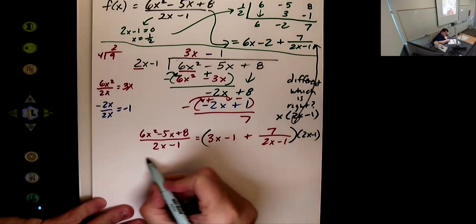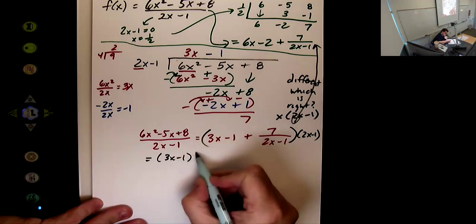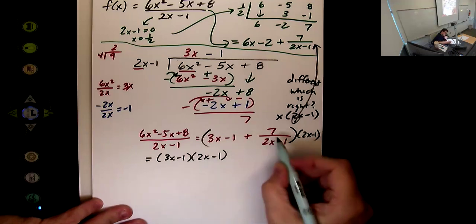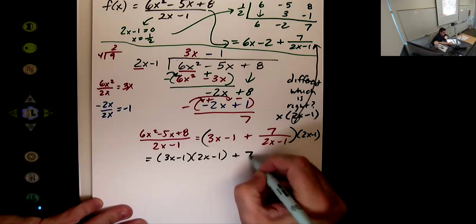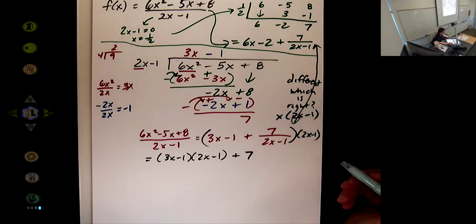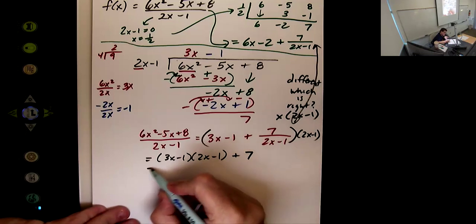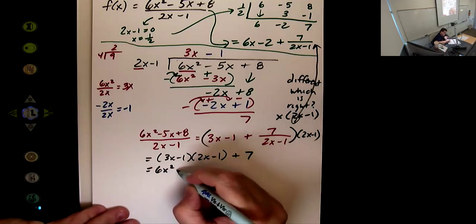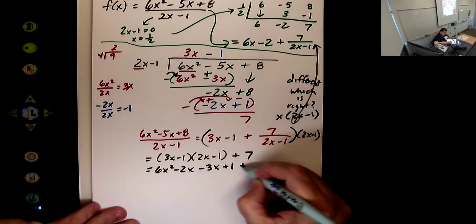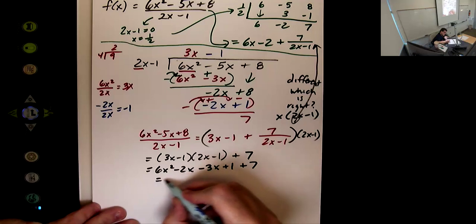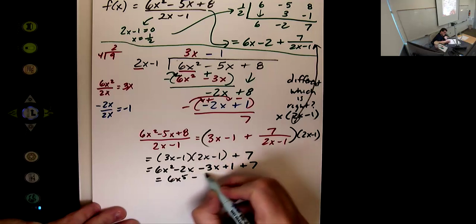If I do that on this one, I have 3x minus 1 times 2x minus 1 plus, on the second one, the 2x minus 1 and the denominator cancel. I'm just left with that. So if I distribute, I have 6x squared minus 2x minus 3x plus 1 plus 7. And I get 6x squared minus 5x plus 8.